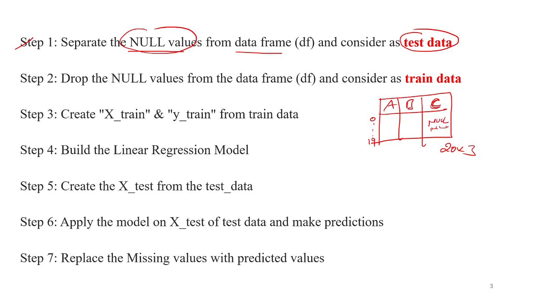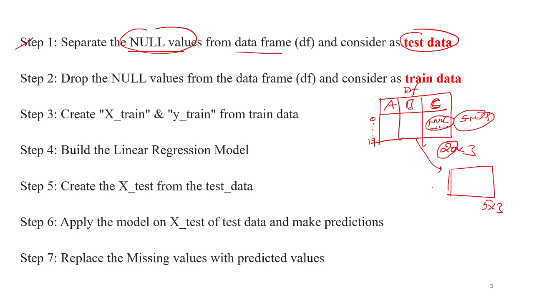So separate those missing values from the data frame DF. For example, here there are 5 missing values out of the 20 observations. So we have to separate those 5 missing values and keep them separate.